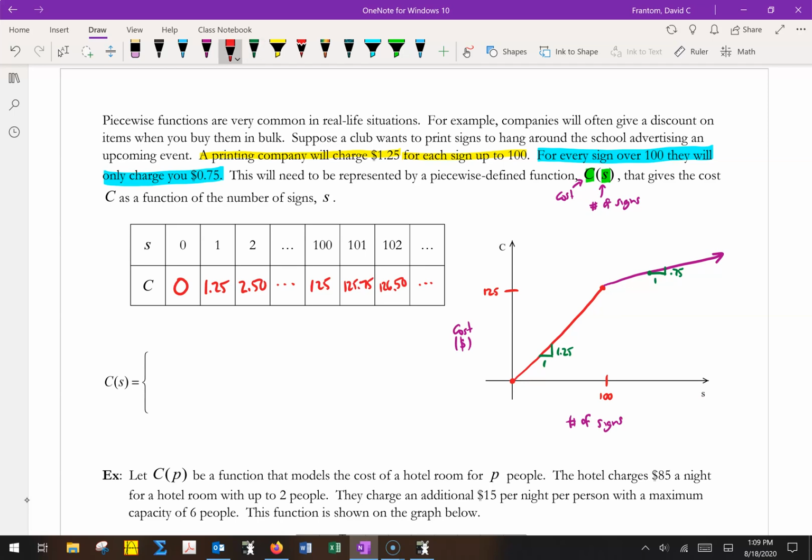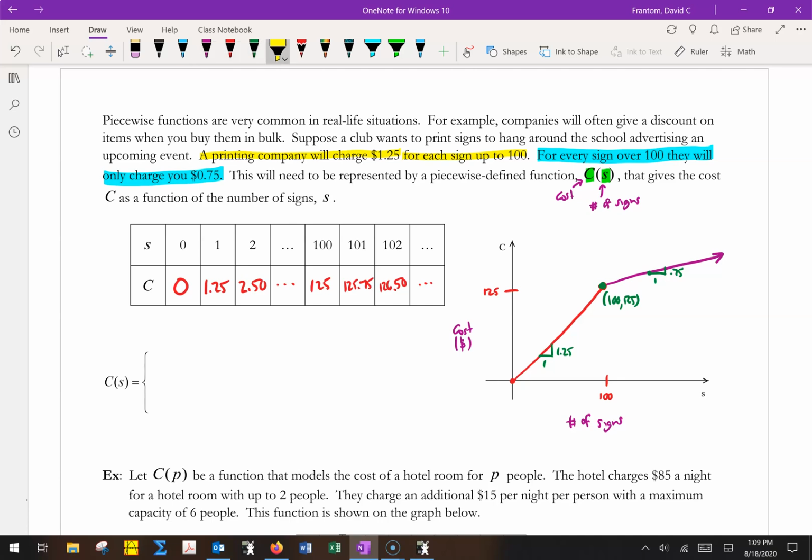And the place where it changes is right there in the middle, at the point 100, 125. So we can see in the graph, this is a piecewise function. It's 2 linear graphs. You have a linear graph up to 100, and you have a different linear graph after 100. So what we want to do is try to write the equation.